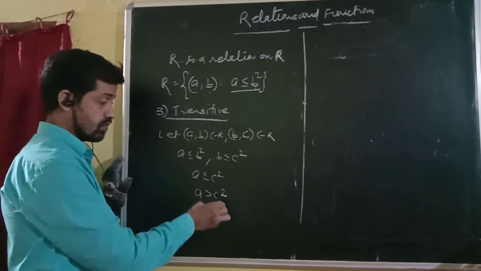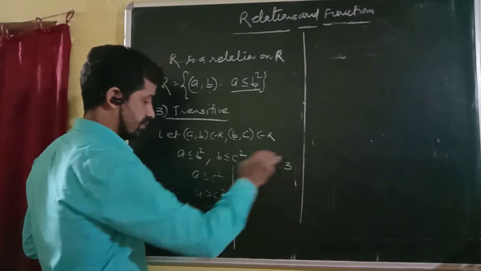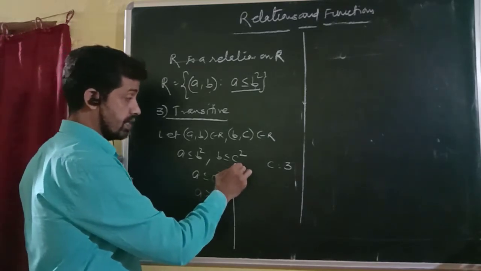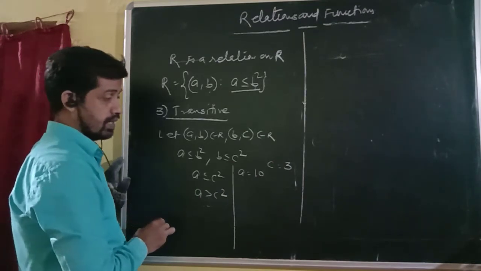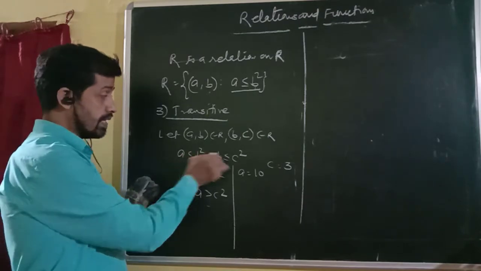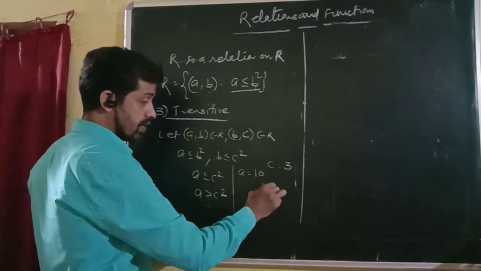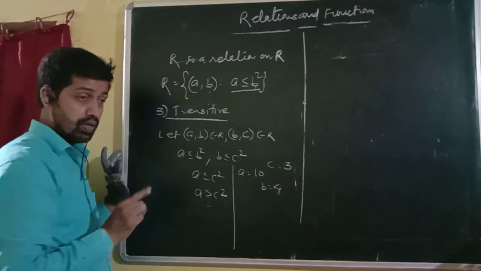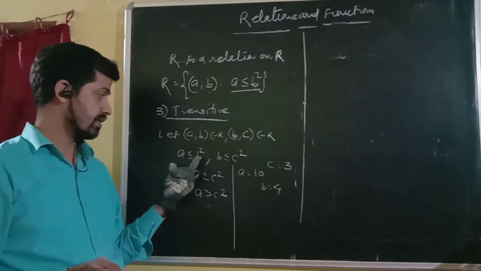If I take C equals 3, then A should be greater than 3 square, suppose 10. Now, in the question, B is between A and C. So B can be taken as 4 or 5 or anything between 3 and 10. Now notice one thing: 4 square is greater than 10. This condition holds.